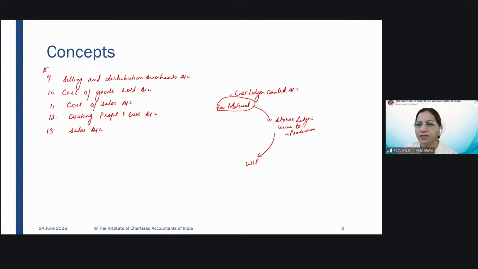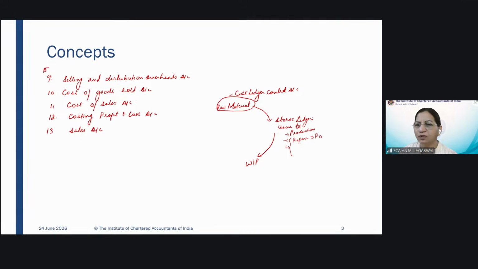Now, it is possible that you issue the raw material from the stores directly for production, or you may also issue some materials, let's say for repairs or to be used indirectly. So if it is for repairs in the factory, you will call it factory overheads or production overheads.